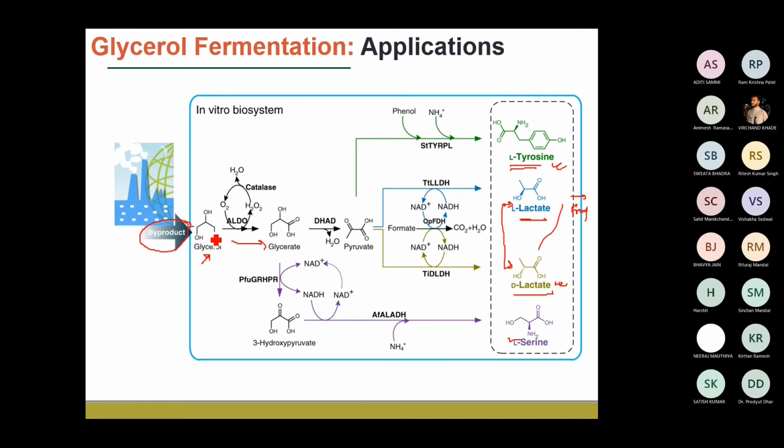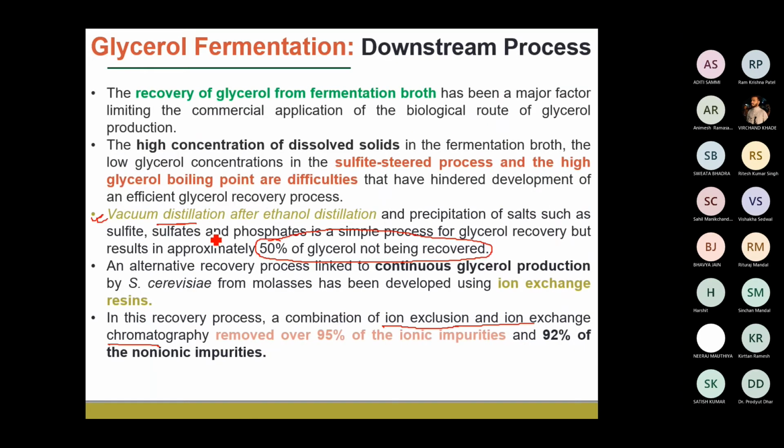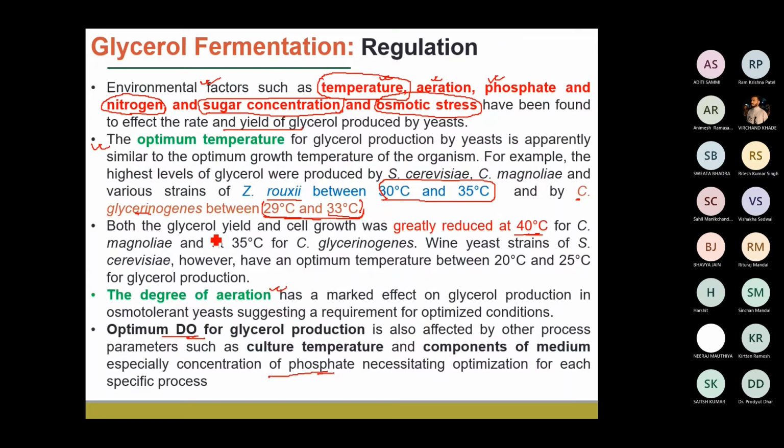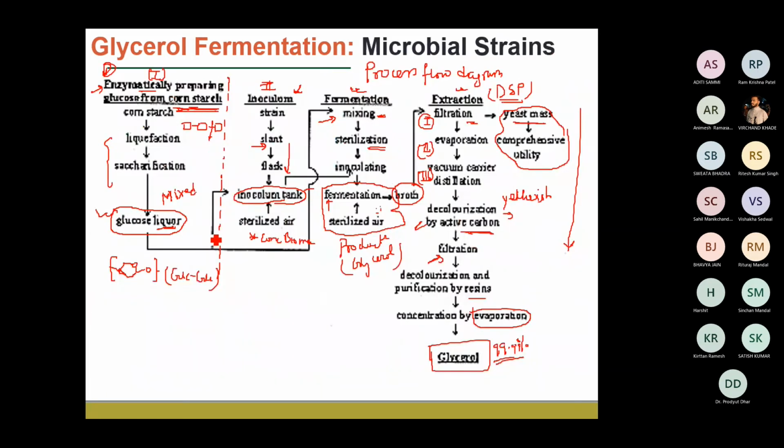However, if we look at the biochemical area, most of it is used for amino acid production, and whatever amino acids are produced are used as a food supplement, because we now have several products where we make sure that the amino acid and protein components are present in adequate quantity. So these amino acids are added to make sure that you obtain a product of proper nutritional value. This is the overall application of glycerol after it is produced.